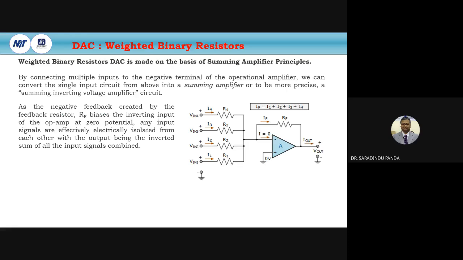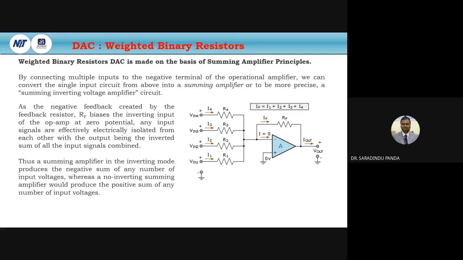As the negative feedback created by the feedback resistor RF biases the inverting input of the op-amp at 0 potential, any input signals are effectively electrically isolated from each other, with the output being the inverted sum of all the input signals. So this is an inverting amplifier.